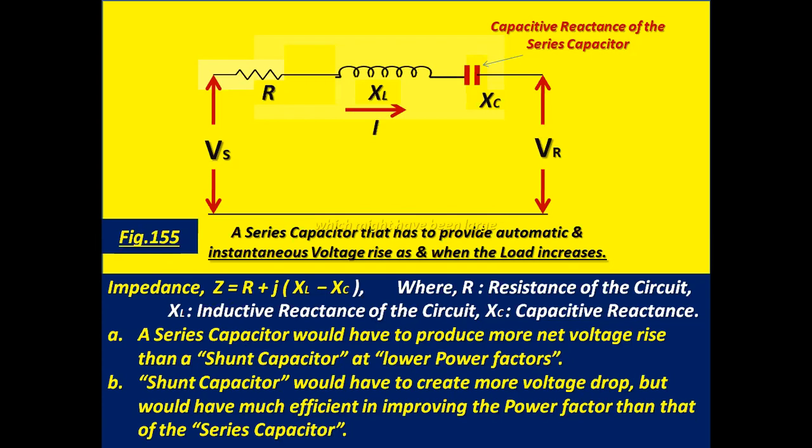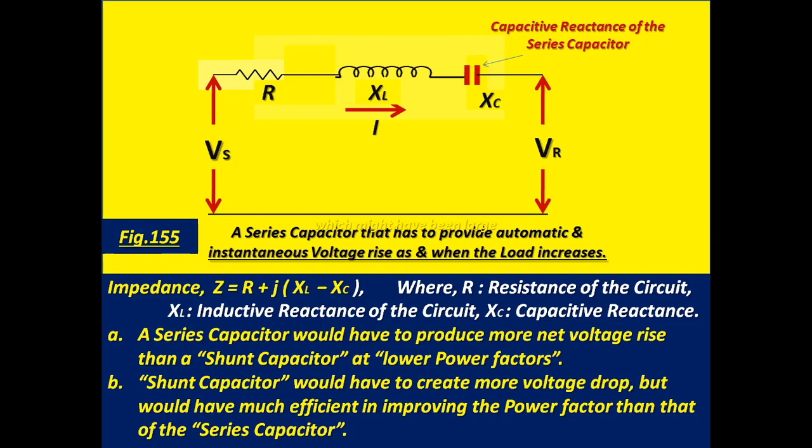How it will increase? Impedance, total impedance Z equals to R plus j(XL minus XC), where R is the resistance of the circuit, XL is the inductive reactance of the circuit, XC capacitive reactance.